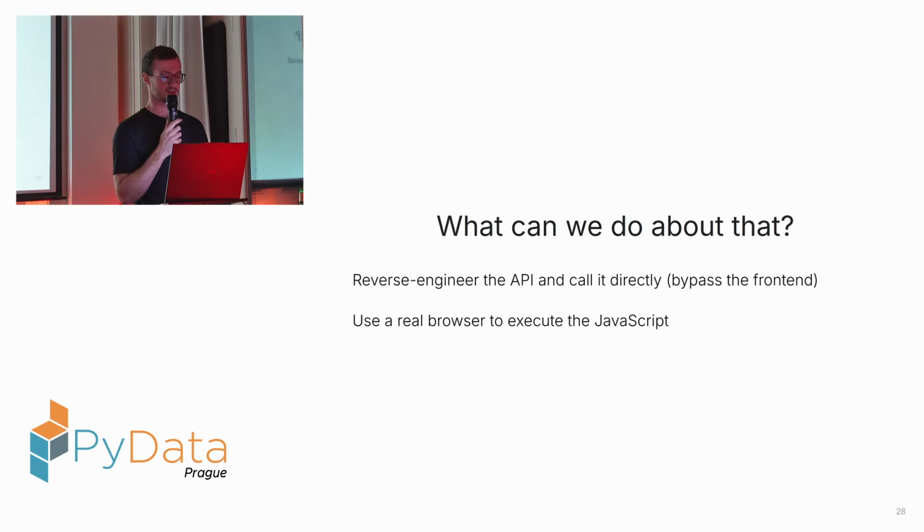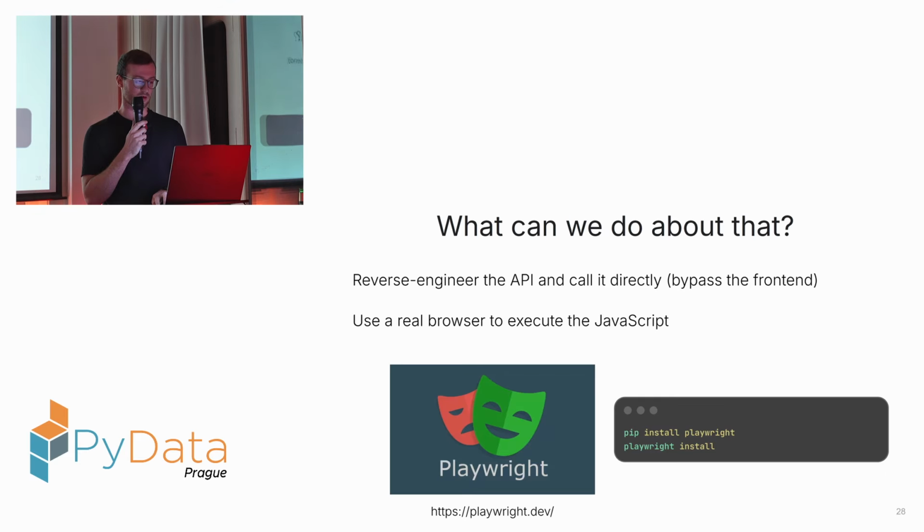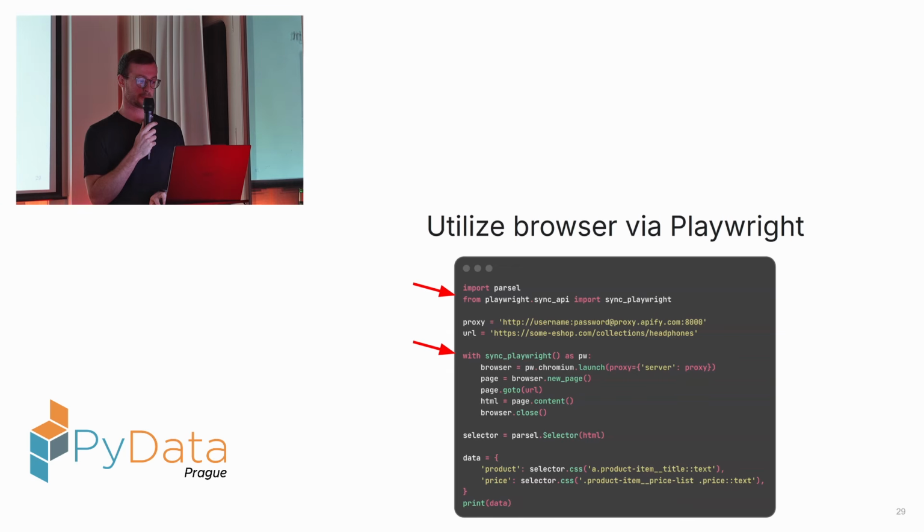Instead, we're gonna utilize a real browser that will execute the JavaScript for us. Again, we don't have to write from scratch the process of manipulating a browser and navigation. We can use browser automation tools. One of them is called Playwright, and it has a port to Python. So let's install it and use it in our script.